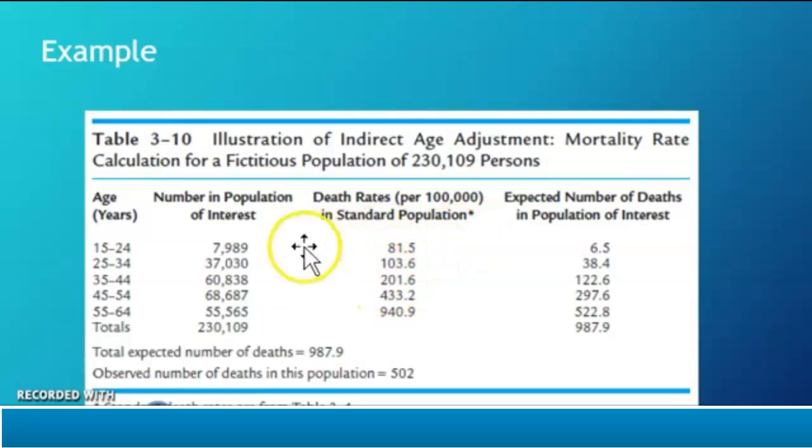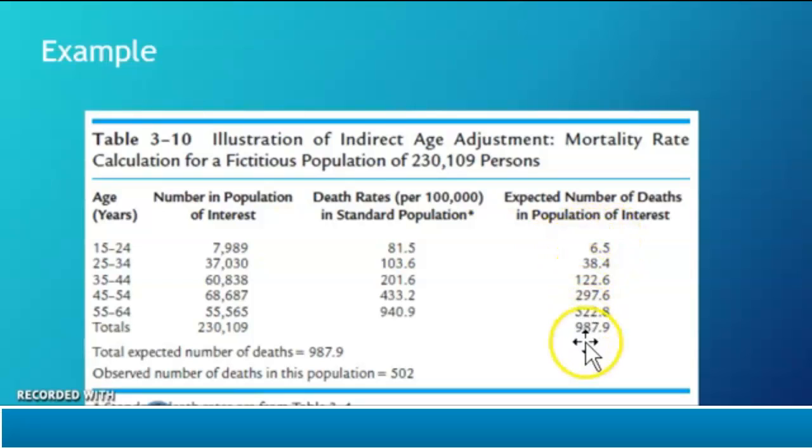You go down the line, multiply columns 2 and 3, and then divide by 100,000. That's how you get 6.5.